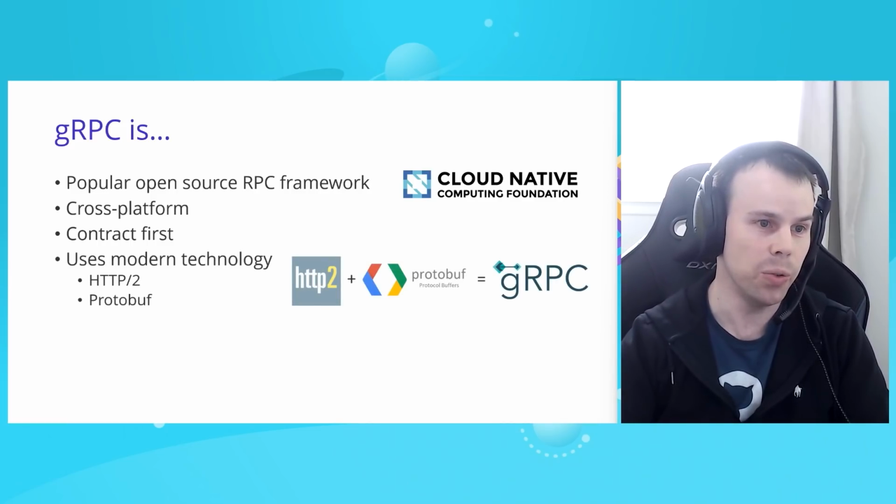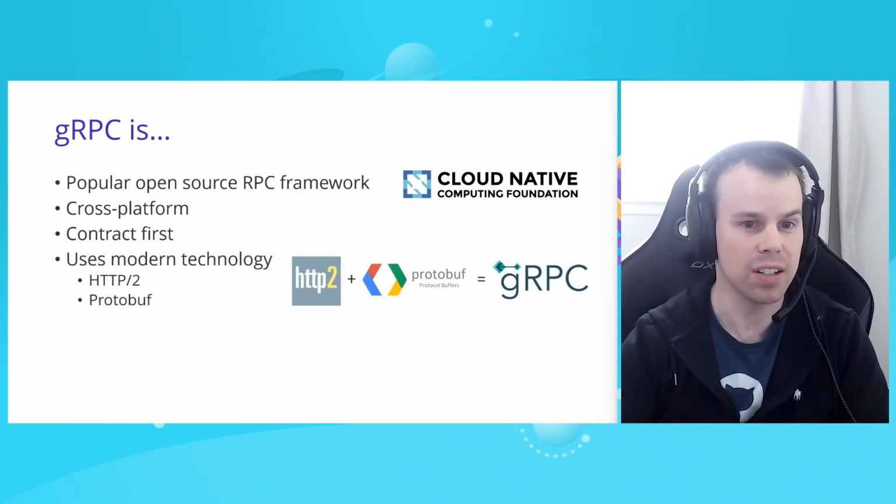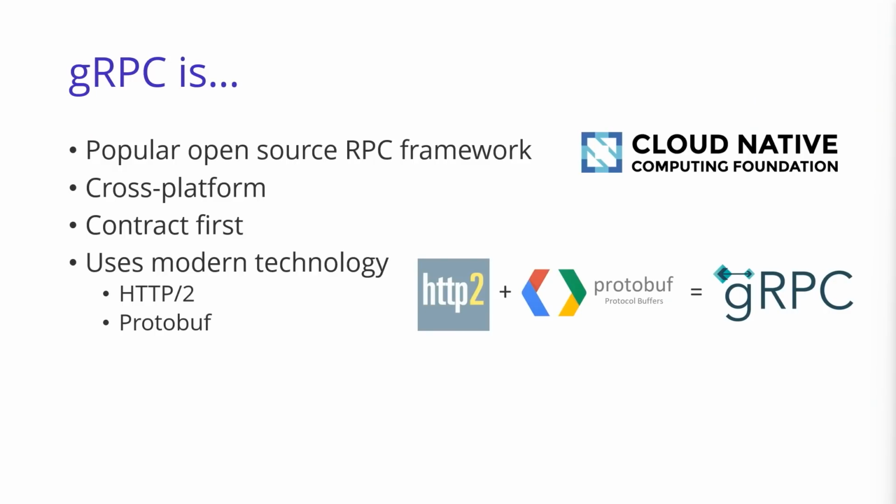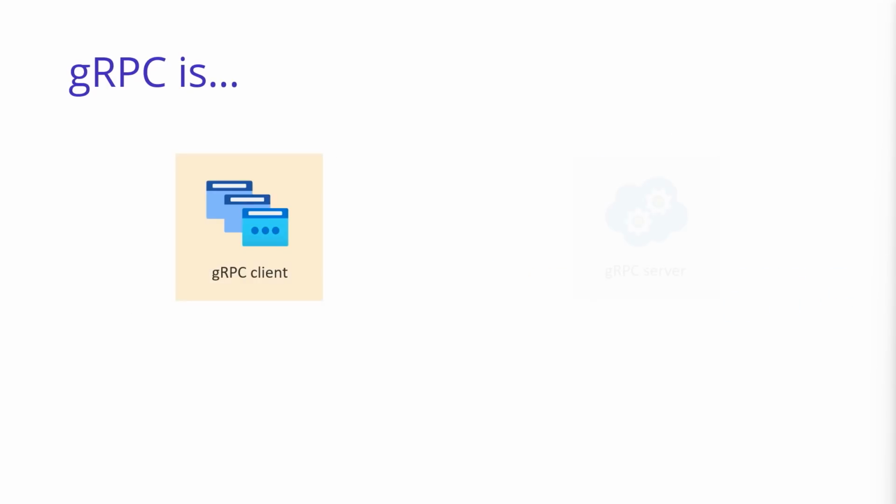gRPC is not new. It was originally open sourced in 2015, but it's a union of two modern technologies, HTTP2 as the underlying protocol, and protobuf as the serialization technology for messages, and also acts as a language-independent contract format. And together, those things plus tooling equals gRPC. Fundamentally, gRPC is really just another way for apps to talk to each other.